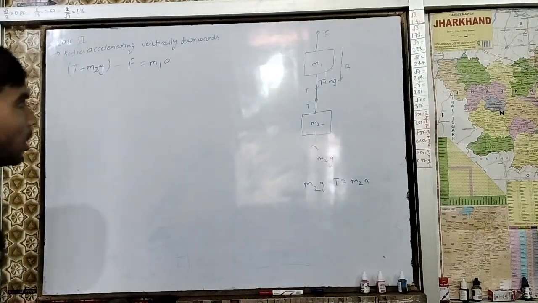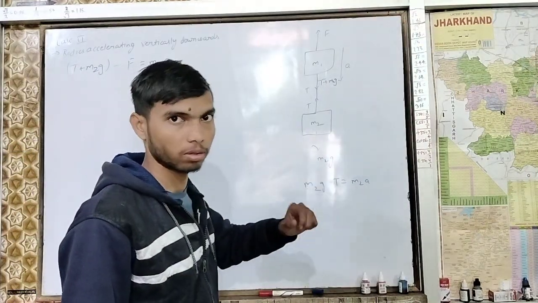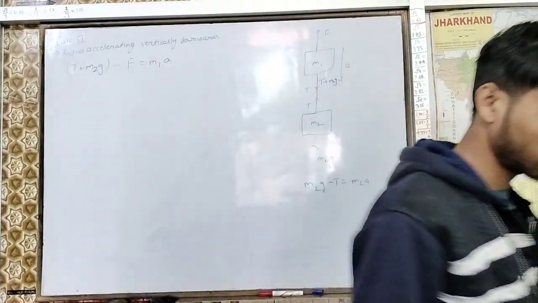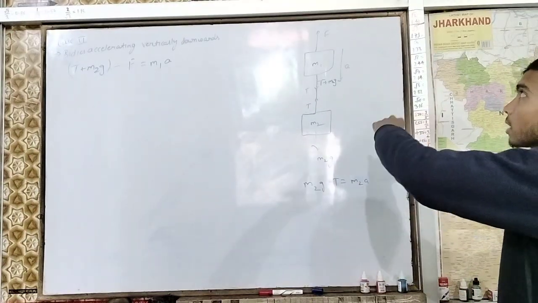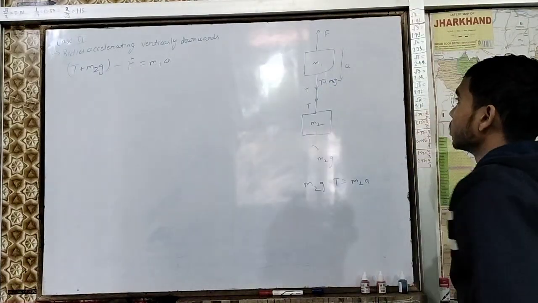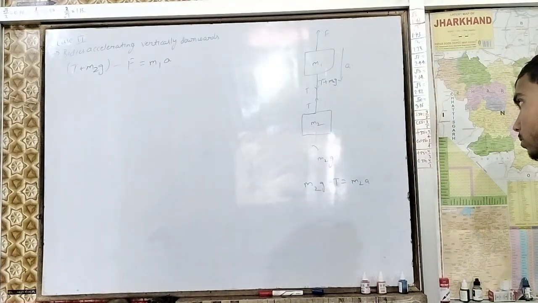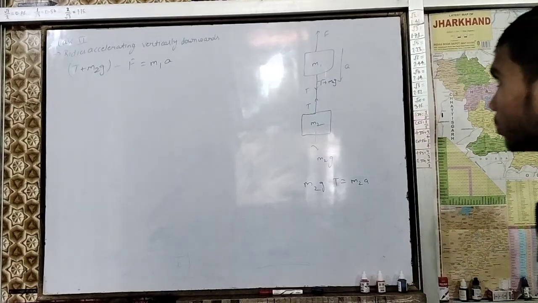Clear? Here we can't write that T is equal to m2z. Reason is the body is accelerating. We can't even write F is equal to this T. No, not at all. Reason is a is not equal to 0.